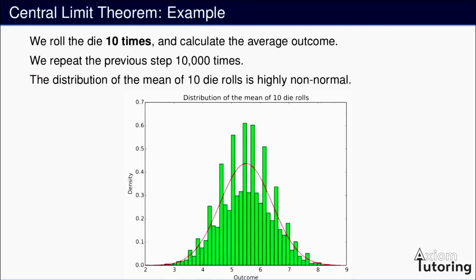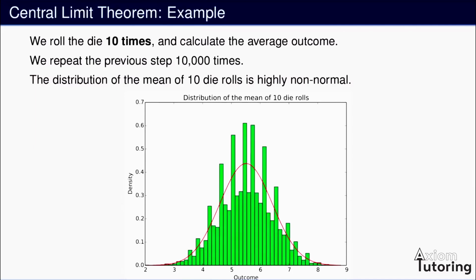But what happens if we roll the die 10 times and do exactly the same process? Now our sample size is 10. So we calculate the average outcome for every single sample of 10 die rolls, and we plot all the different averages, and we get the distribution of the mean of 10 die rolls.